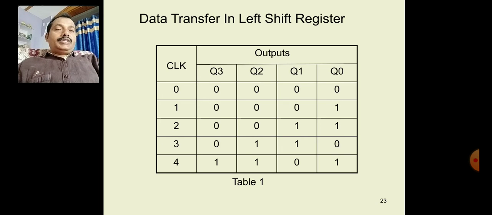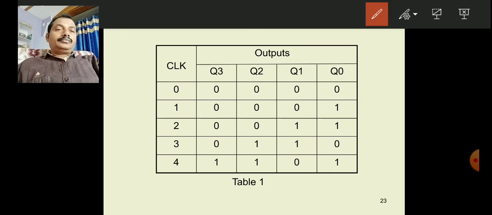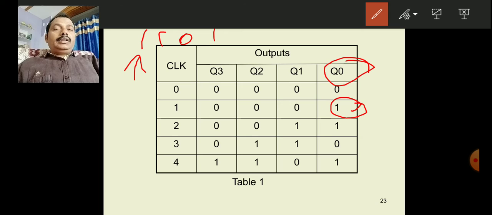So here you see this is the left shift data transfer. That means 1 1 0 1. The first one is shifted to Q0. Next one is shifted to Q0, and this Q0 value is shifted to here, and this second one is shifted to Q0.